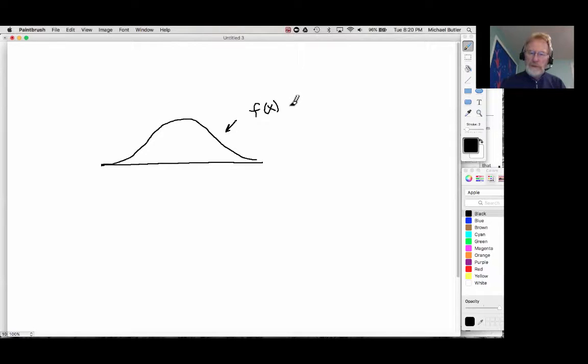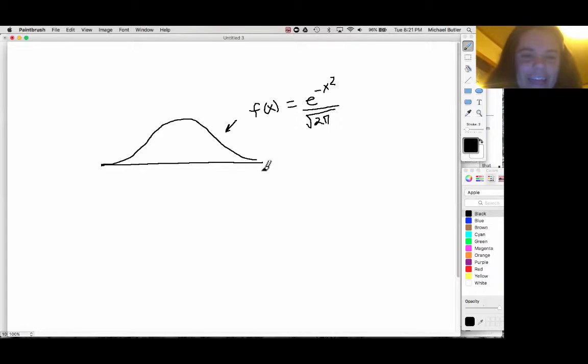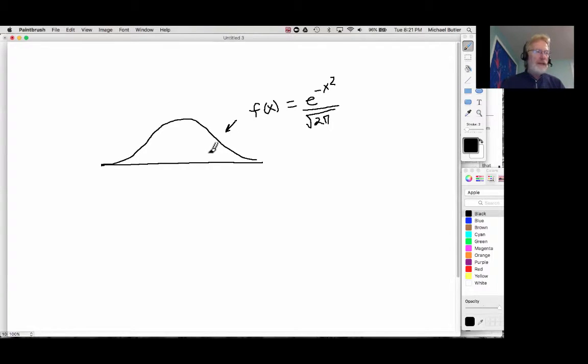F of x is equal to e to the minus x squared divided by the square root of 2 pi. If you put that into your calculator, it'll give you this bell-shaped curve. Now, if I want to find area under that curve, this is a continuous function, and so I have to use a tool that finds continuous sums. That's called the integral. It's a calculus function, all right?